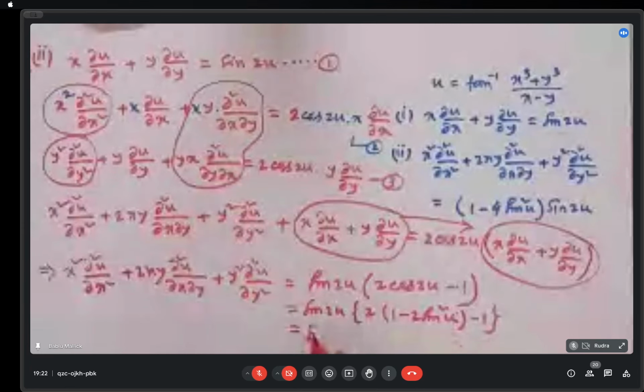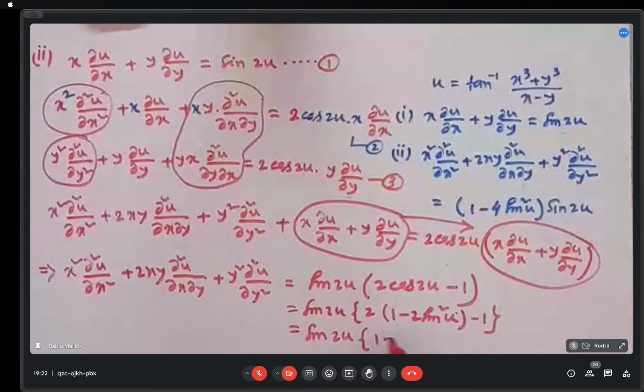So this is sine 2u into 1 minus 4 sine square u. That was the question. So this is the result.